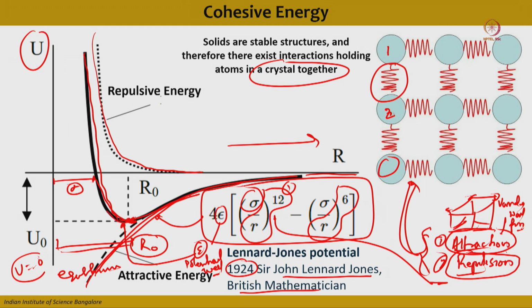This dip corresponds to your epsilon, and the distance at which your potential energy U is equal to 0 corresponds to sigma. This model provides a useful way to understand the balance between the attractive and repulsive forces that govern the behavior of atoms and molecules in various physical and chemical systems.